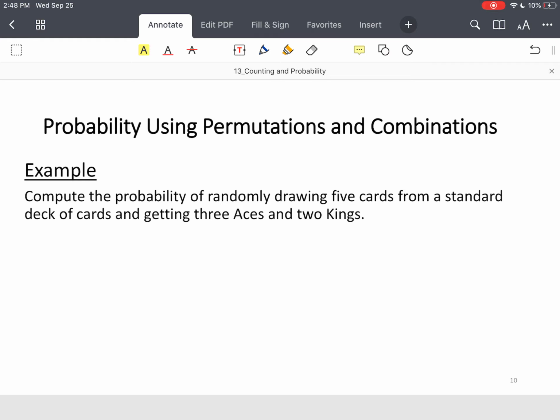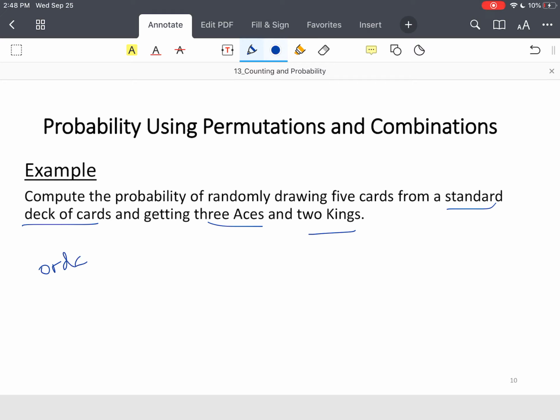So let's think about playing poker. We've got a standard deck of cards, and we want to find the probability of drawing 5 cards from that deck with a hand of 3 aces and 2 kings. First we have to ask ourselves, does order matter?